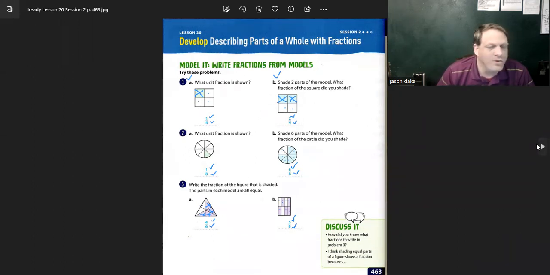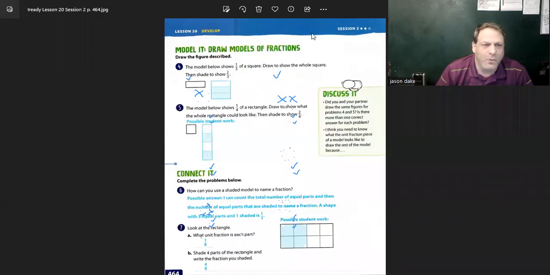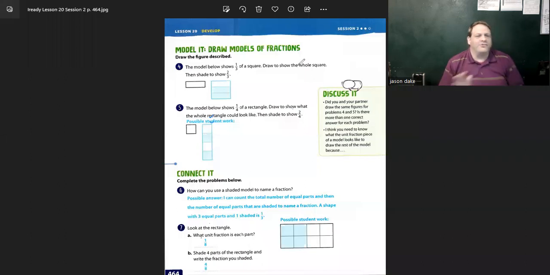All right, guys, let's go on to the next page. That was 463, by the way. Let's go on to 464. All right. Lucky pencil. Model it. Draw models of fractions.